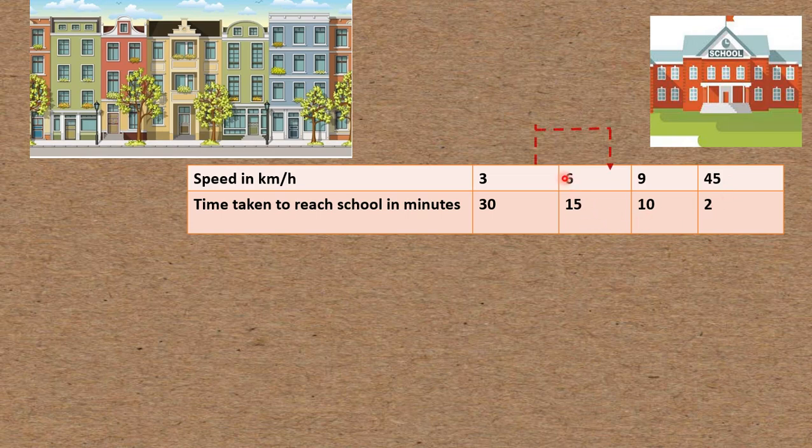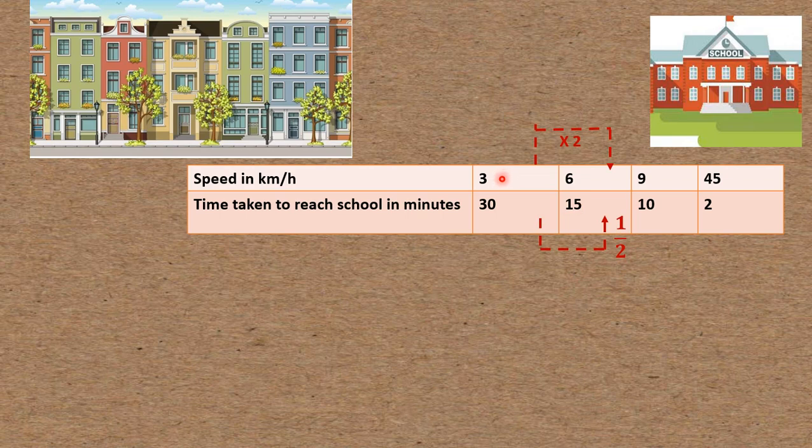So in all these terms, from the first speed 3 to 6, it is multiplied by 2. Similarly, when speed is multiplied by 2, the time taken goes from 30 to 15, which is half.